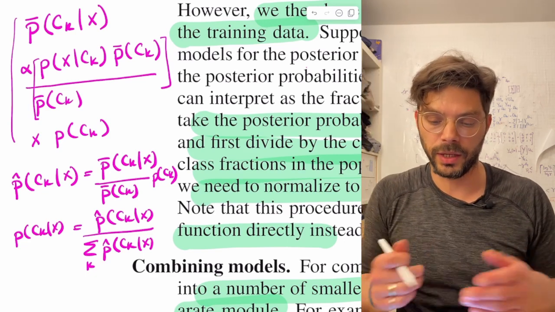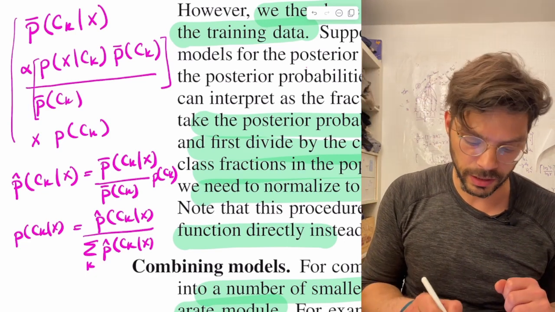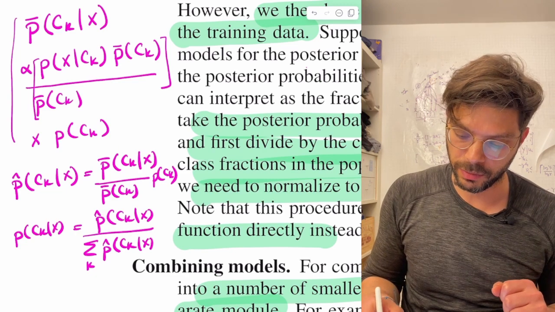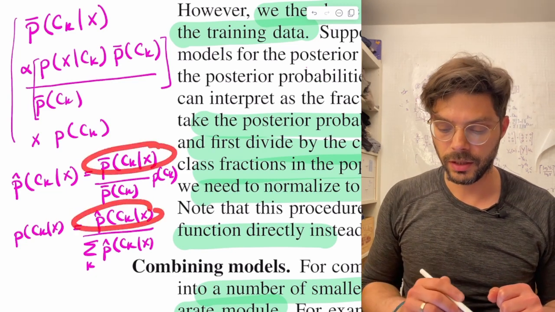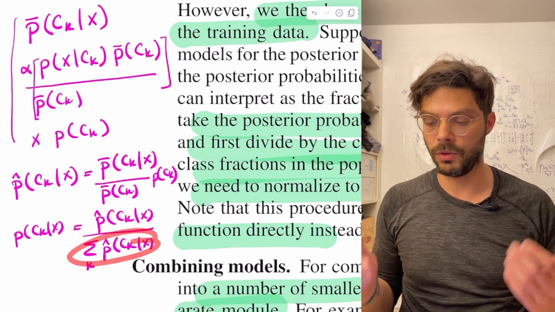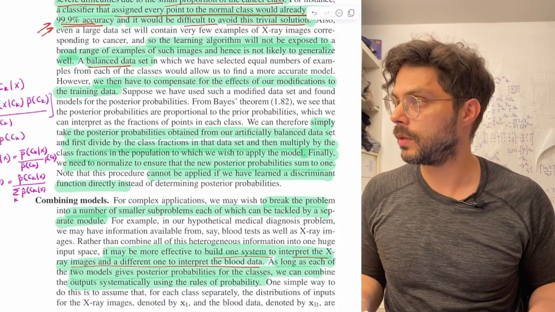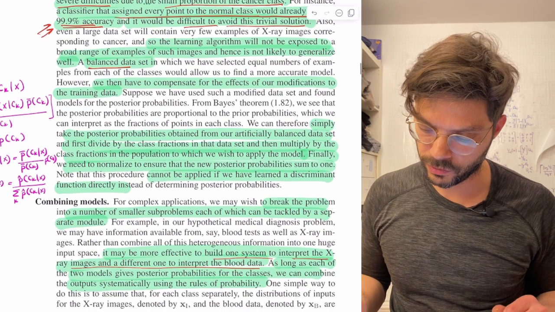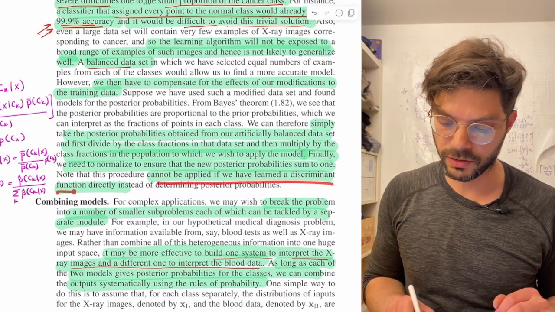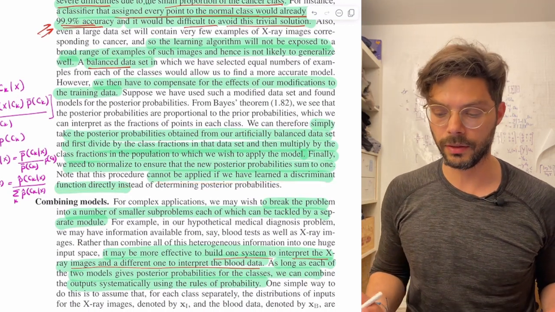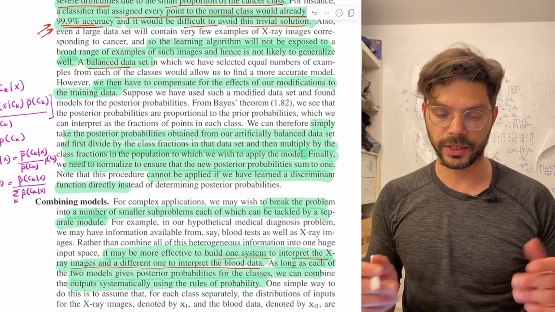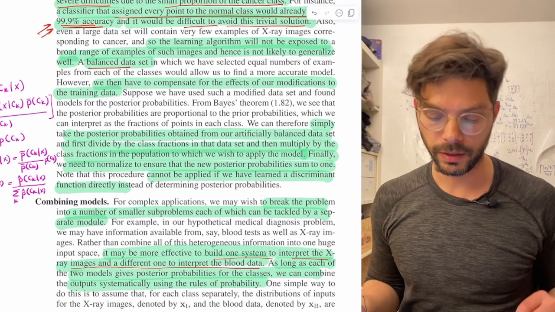You clearly can't do any of that without having these posteriors. Everything we've done here is based on having these posteriors around. Without them, you really can't do that. So let's zoom back out. I think everything is fine. Okay, terrific. So this cannot be applied if you learn the discriminant function directly. That really required having the posteriors.